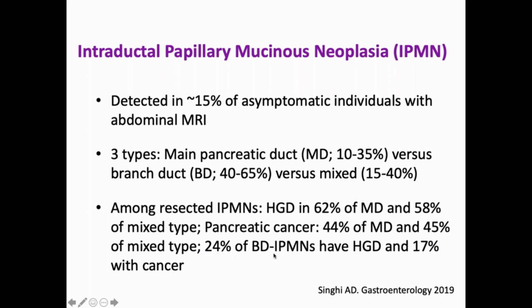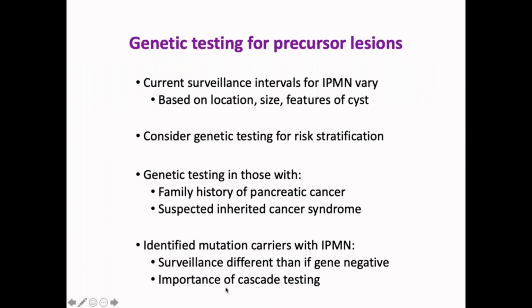But I do want to highlight that 24% of branch duct IPMNs have high-grade dysplasia and 17% have cancer, highlighting the study that I showed you earlier that focused on EUS surveillance of mutation carriers: the success really does hone in on selecting the right individuals to undergo surveillance. I do want to highlight here the importance of considering genetic testing in those with precursor lesions, because it might impact greatly how we survey them and the frequency with which to look.